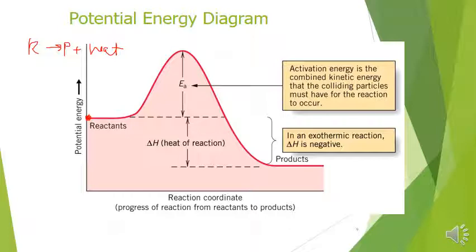Now if we take a look at what happens to the reaction as they go to product, you'll see them change. Not only will they change their energy, but the reactants will change. They'll turn into this thing called the transition state that we just had on the last slide.